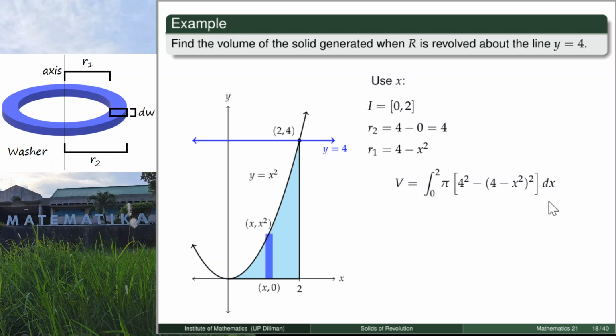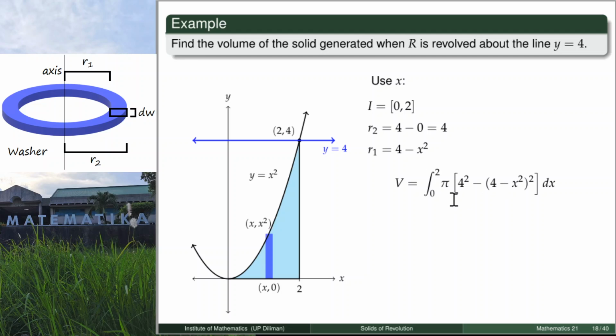Some things you have to be careful about in setting up your volume for washers. Make sure that you write the squares correctly where they should be. Some students write it outside the bracket, so that's wrong. Okay, so you must write the square directly next to your R1 and your R2. Okay?